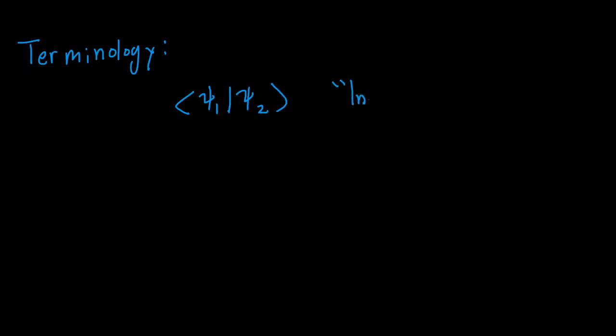So one final piece of terminology. Sometimes I feel like I'm a vocabulary teacher. But okay, you remember how this is called an inner product? And it's kind of a stupid name, right? Well, it's about to get a lot less stupid.